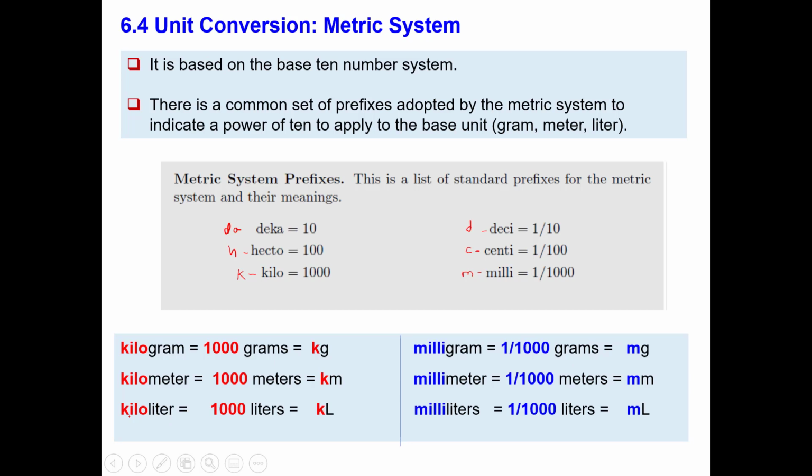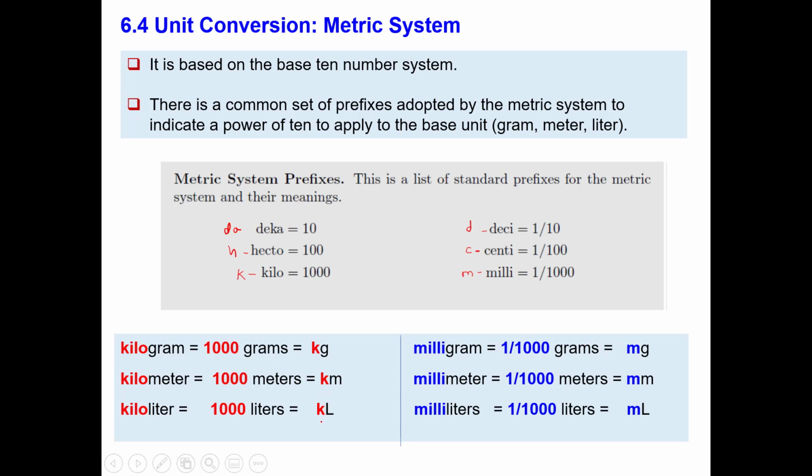And here we have kiloliters. In kiloliters, kilo is the prefix and liter is the base unit. Kilo means 1,000, so we have 1,000 liters, and we can abbreviate. You see in each of these cases, K means kilo, which is 1,000, and this is the base unit.